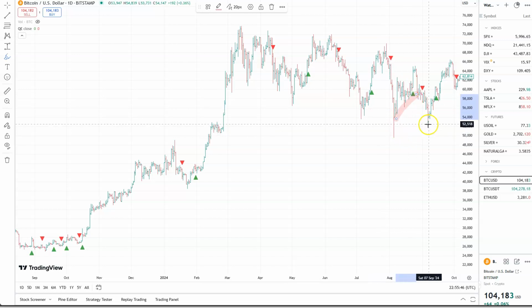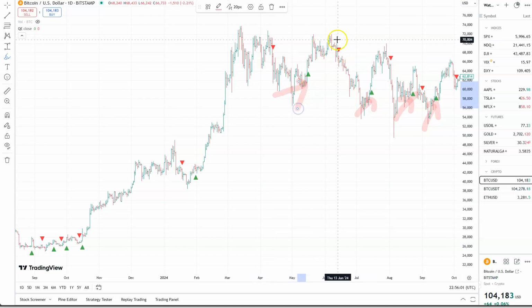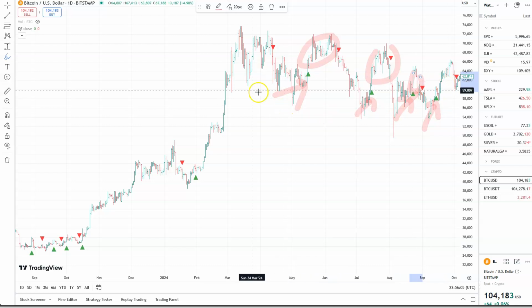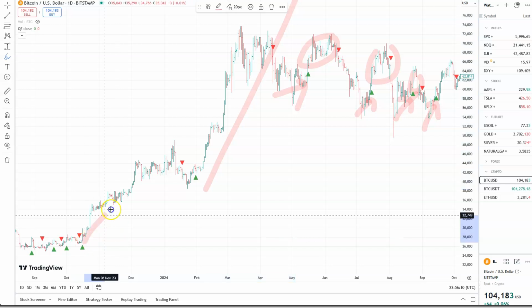If you bought it here and then you bought it here, you had either a break even trade or you made a little bit more money but not much, and you got out. Or maybe you also took this trade and this trade, and again you are making some money, and you think, oh, this indicator doesn't work. It has worked in the past here, it has worked in the past here, but this indicator doesn't work, right?